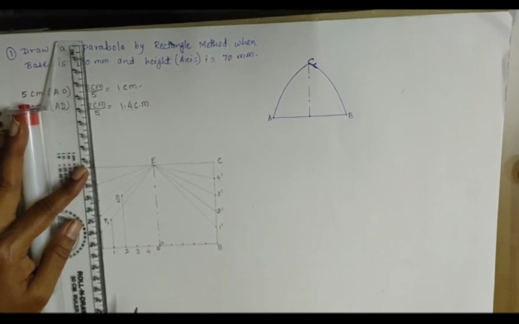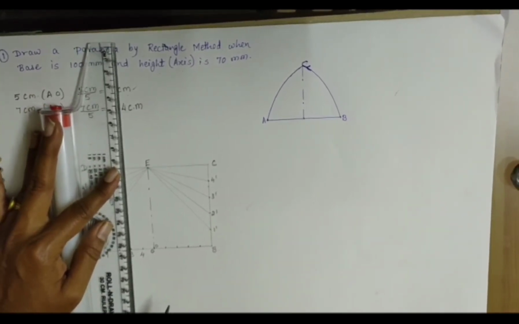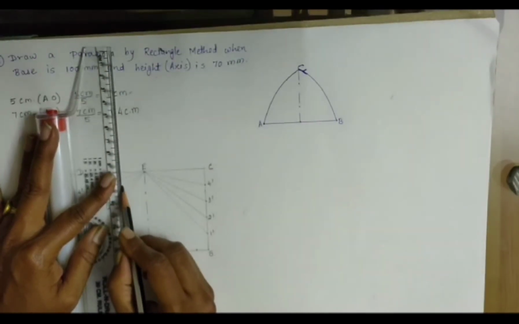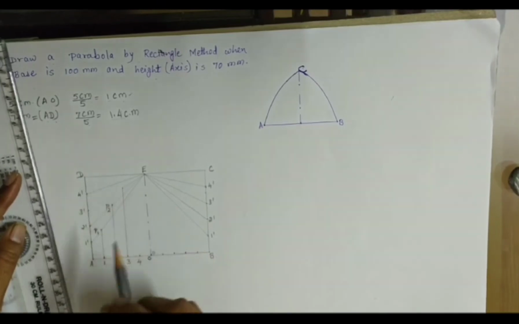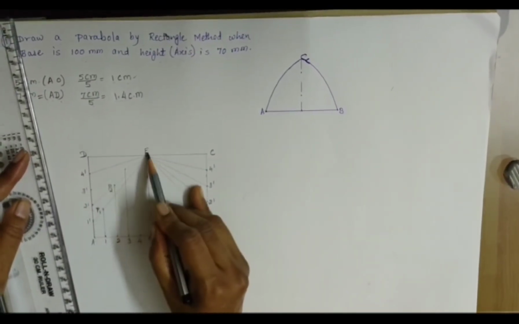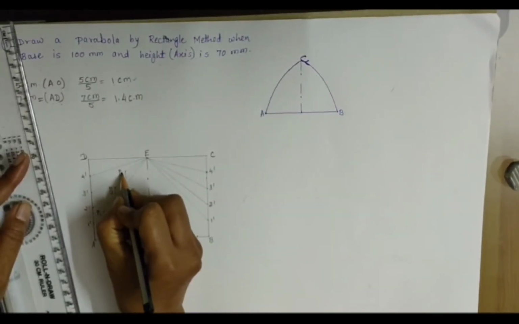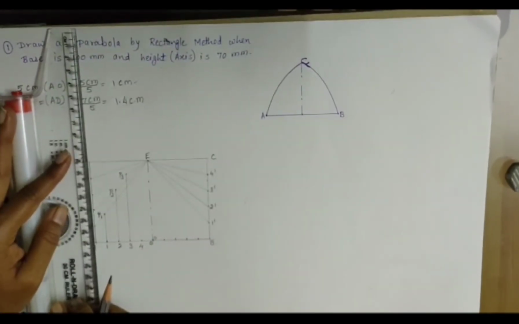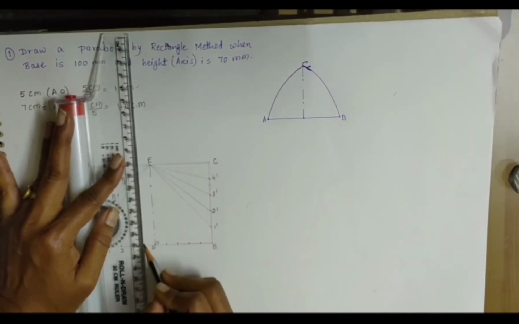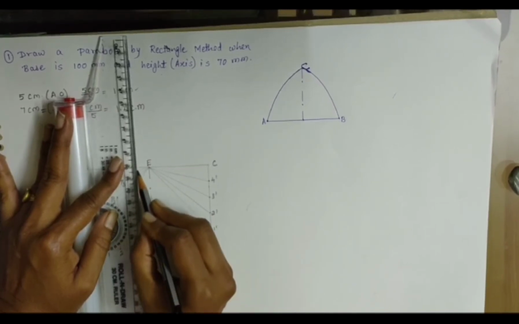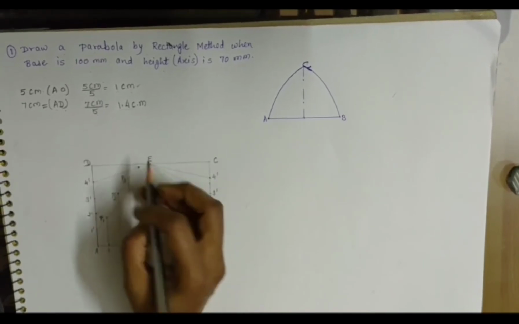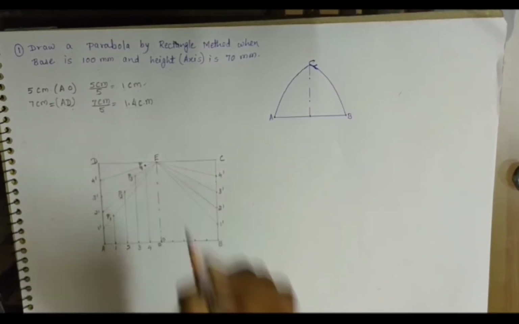Then in the same way, draw a perpendicular line from 3 and stop it at a point which will meet the third line 3 dash E and give the naming as P3. In the similar way, we will draw a perpendicular line from 4 also in such a way that it will meet the line 4 dash E at P4.